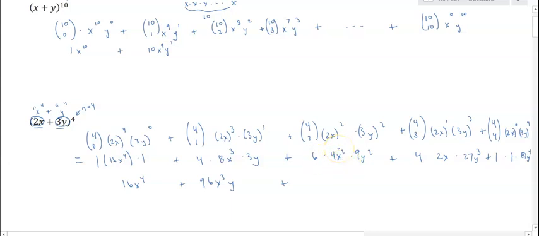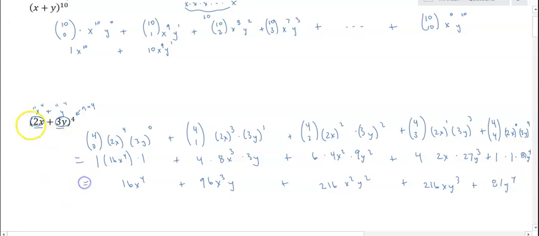I don't know what that is off the top of my head. 24 times 9 comes out to 216x squared y squared. Almost done. Plus here we'll get 4 times 2 is 8, 8 times 27 comes out to 216 as well, 216xy to the 3rd. And then this last term is just 81y to the 4th.